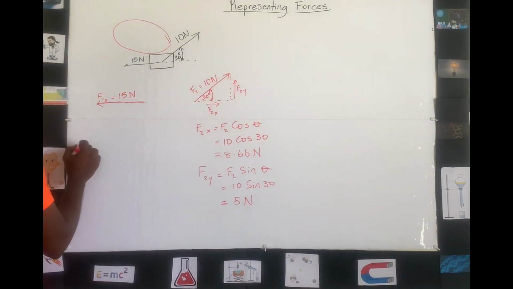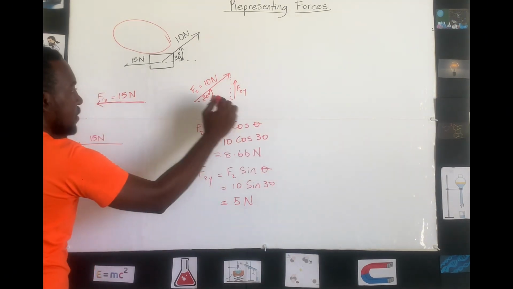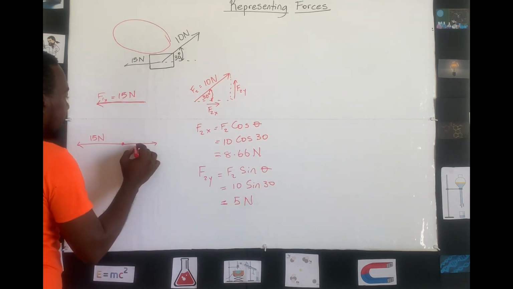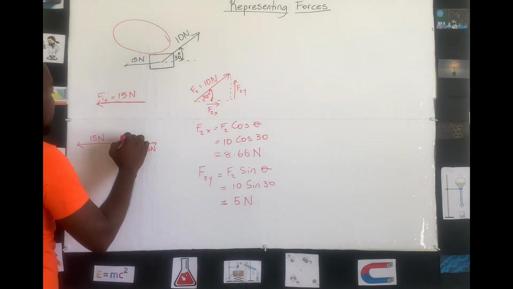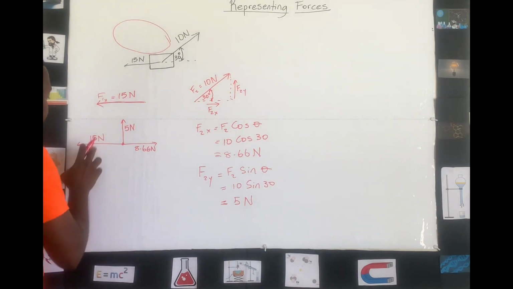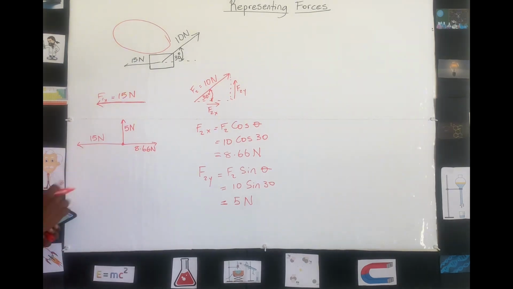So here we can put back F1 being 15 newtons. We know that F2x is going that way, so it's moving that way at 8.66 newtons, and then we know there's a y going up of 5 newtons. What this now tells us is that because these two are going in opposite directions, we're going to subtract them.